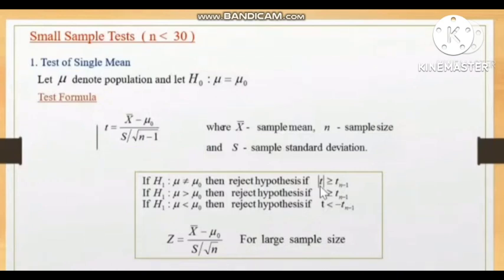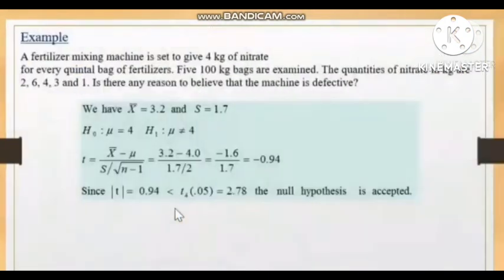So we would read the value of T from that T table at n minus 1 degrees of freedom. A new term I am using: degree of freedom. So we should remember that in the test of a single mean, the degree of freedom is n minus 1.